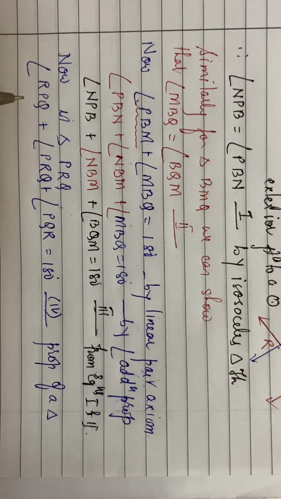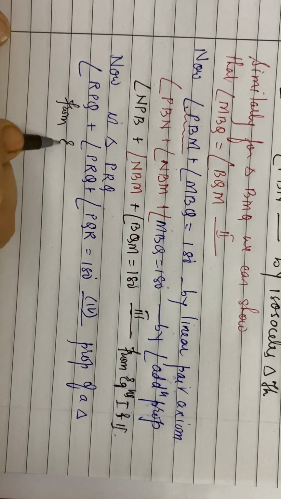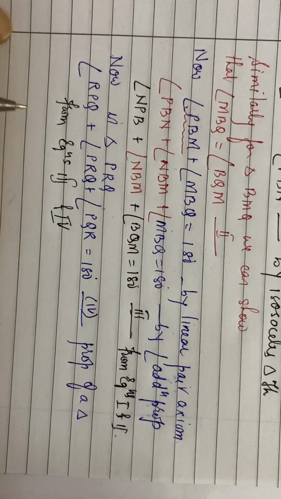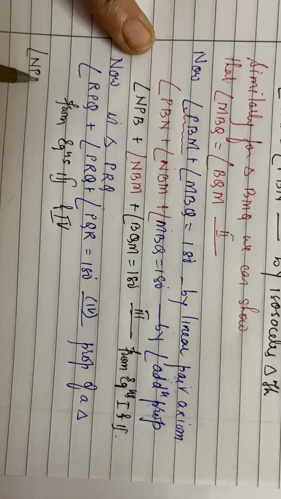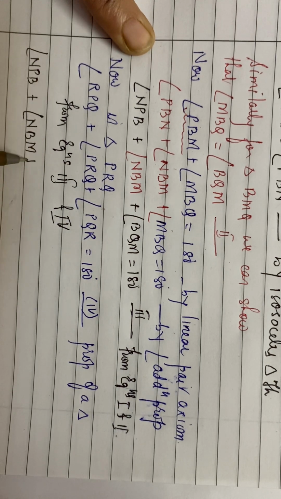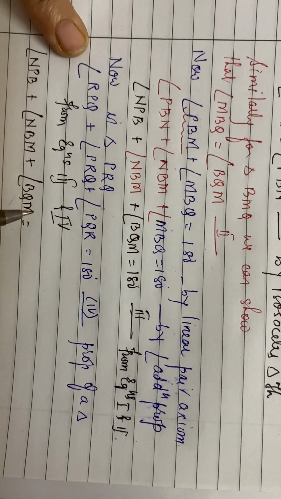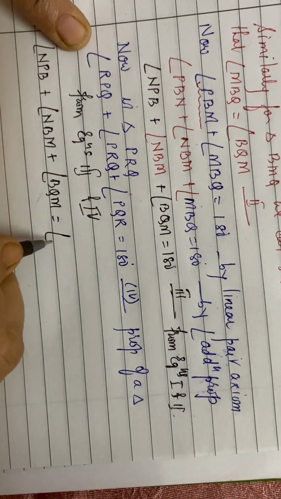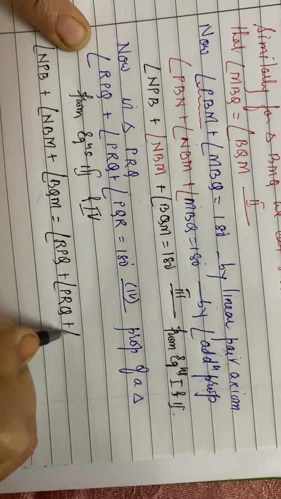From 3 and 4, angle NPB plus angle NBM plus angle BQM will be equal to angle RPQ plus PRQ plus PQR.